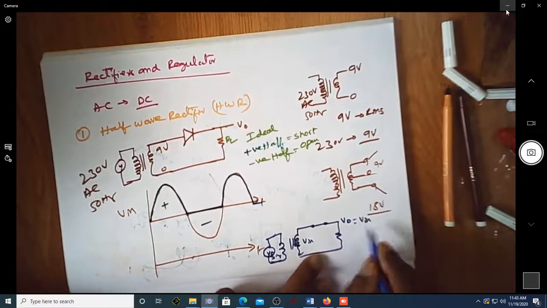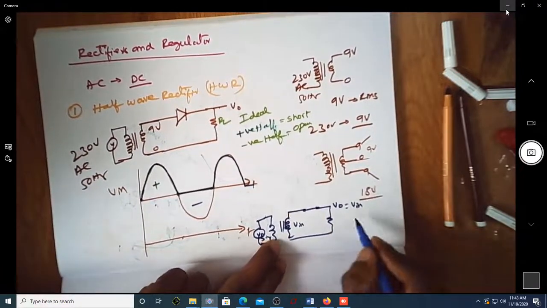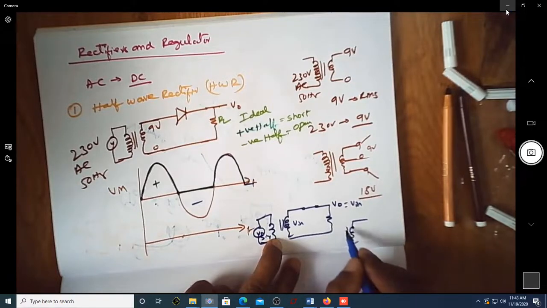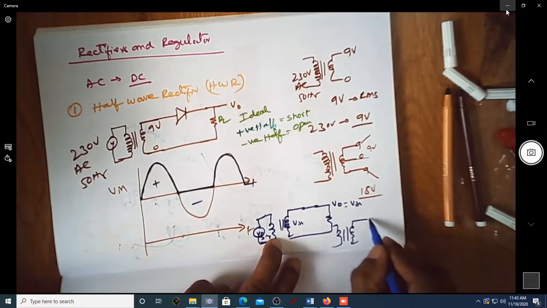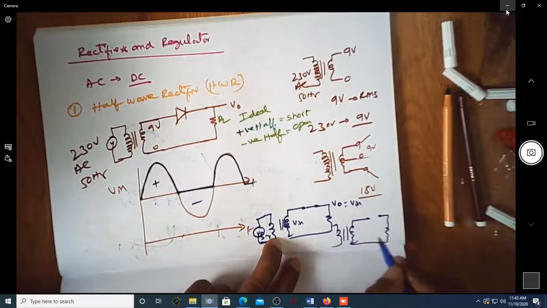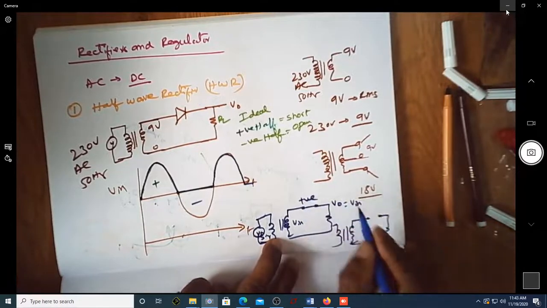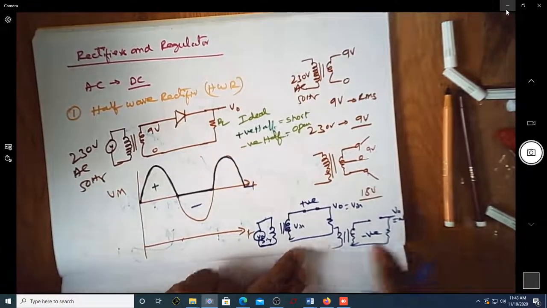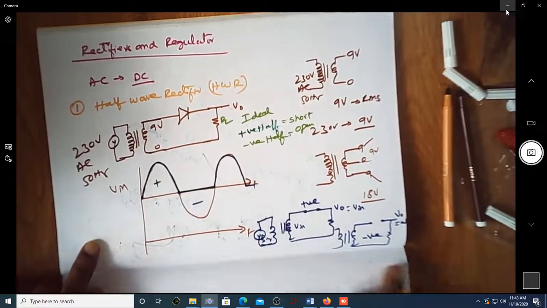So V0 is equal to V in because it's a short circuit. And if you consider the open circuit, during the negative half, V0 is equal to 0 volt. This is how it reflects here.